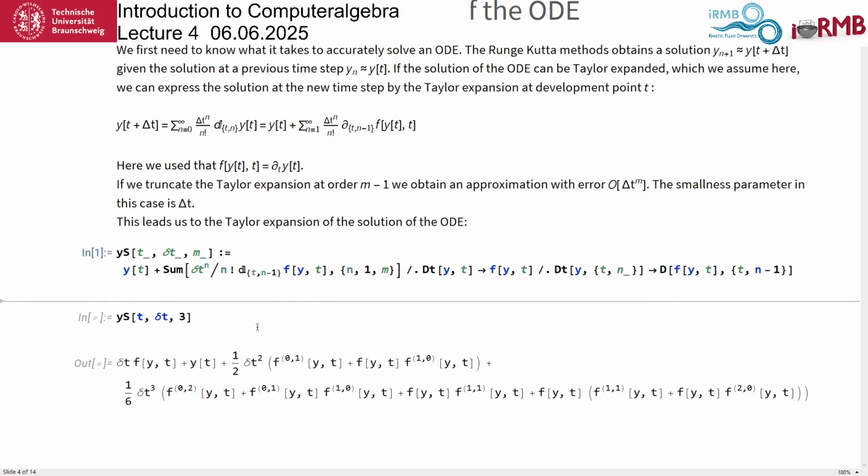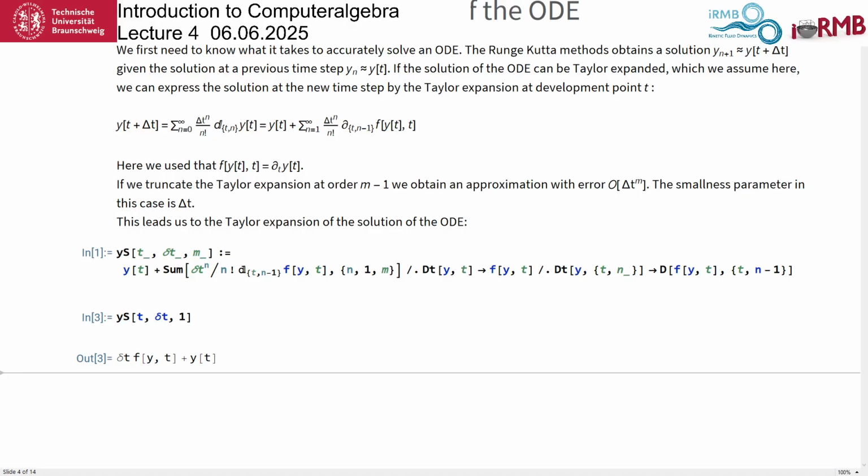Okay, and then I can execute this for different lengths. For example, very obviously, when I do this for 1, I get this first order, I get yt. It's confusing for me that yt is in the back. Mathematica has this tendency to put things in alphabetic order, and this is why it's pretty far.